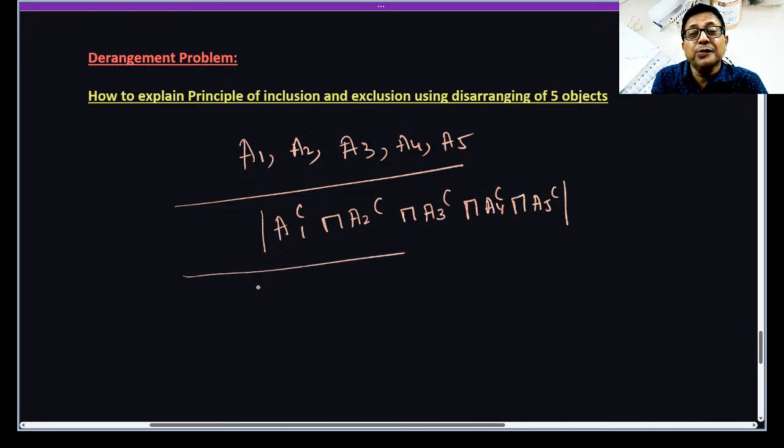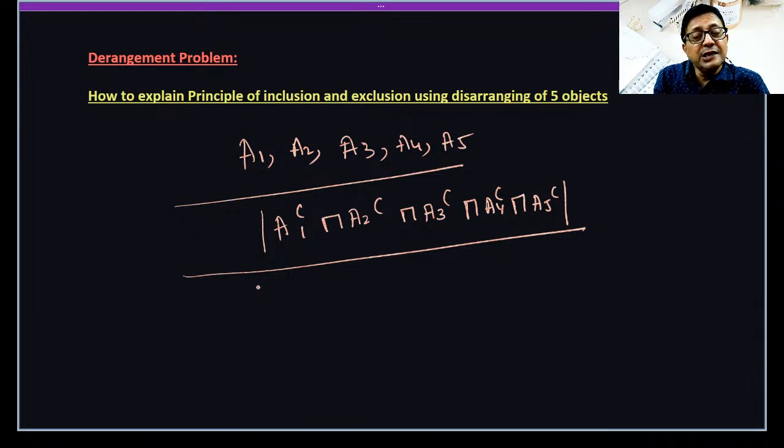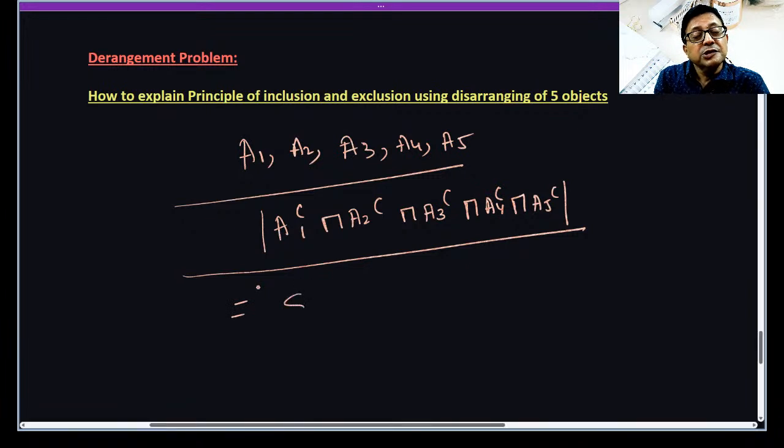If you go by that formula, initially it is what? Sigma mod ai, I mean the summation of the cardinal number of 3 sets or 5 sets, 1 to 5.